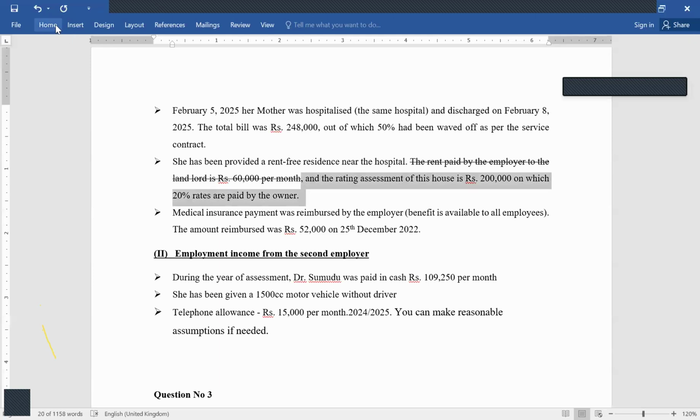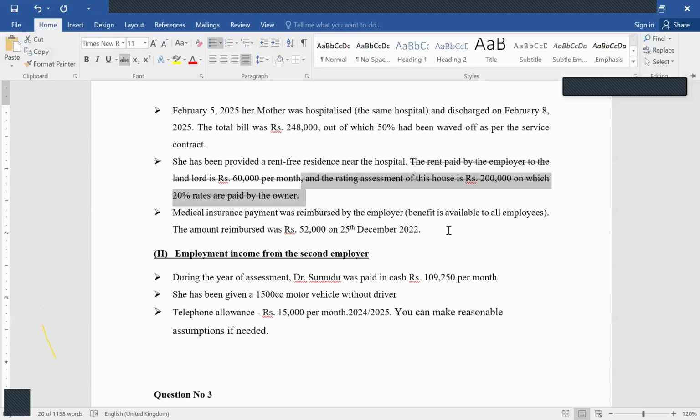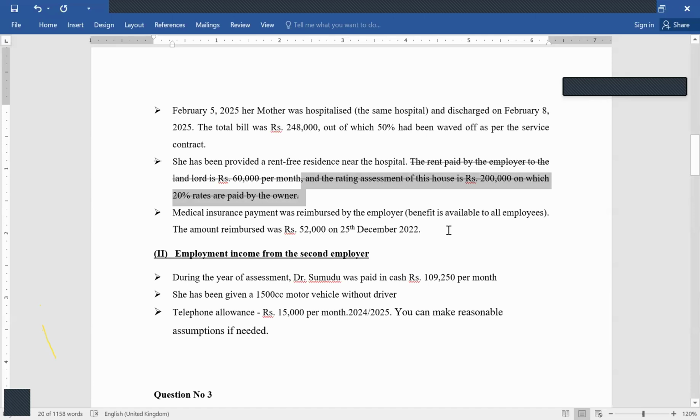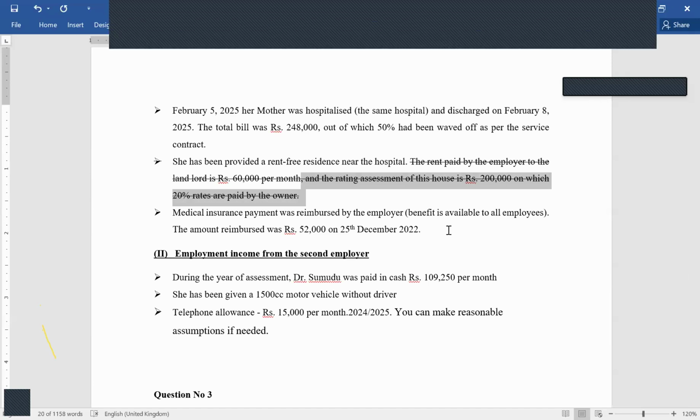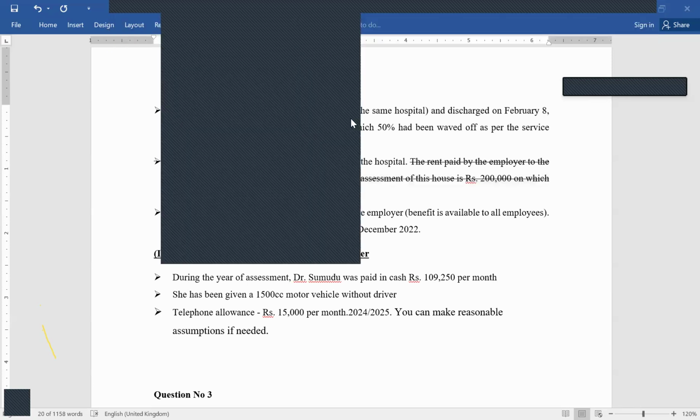Remove this part also. Now what is the benefit?